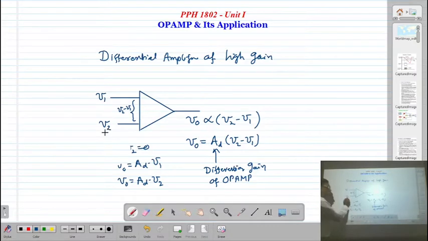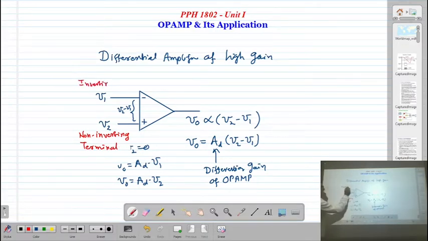Here let us say V2 is the non-inverting terminal, and that's why here we are putting a positive sign. V1 is the inverting terminal. Remember, this is known as the non-inverting terminal, and this one is known as the inverting terminal.